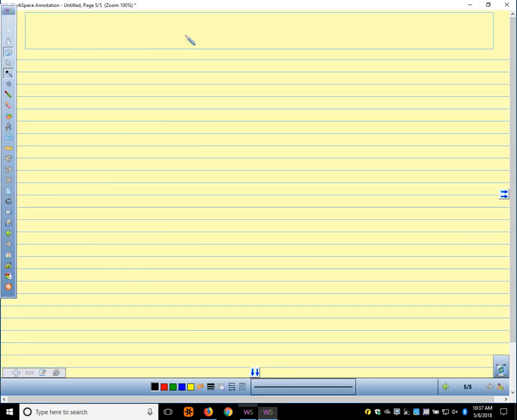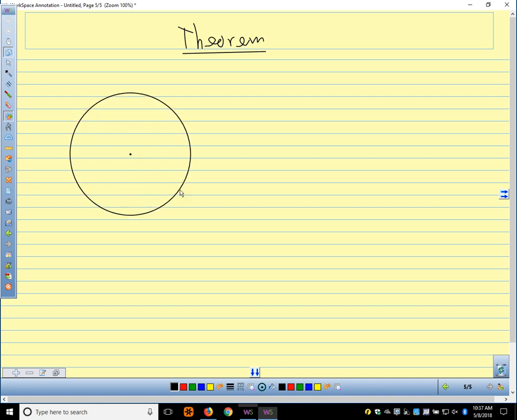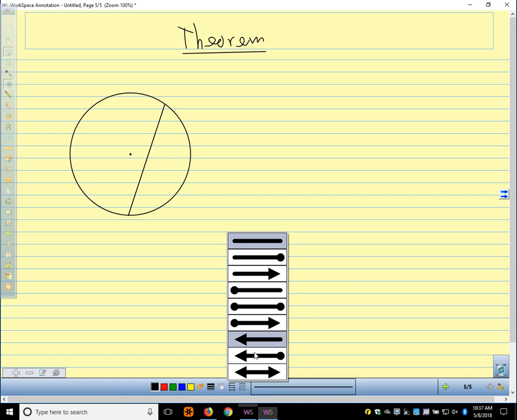Another theorem. This one doesn't have a special name. I'm going to start by drawing a picture. This time we have a chord and a tangent. So we have a situation like this. There's a chord, and I'm going to draw a tangent line.